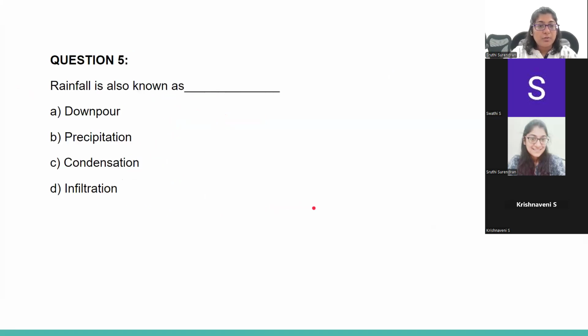Rainfall is also known as what? Is it downpour, precipitation, condensation, or infiltration? Pretty simple question.